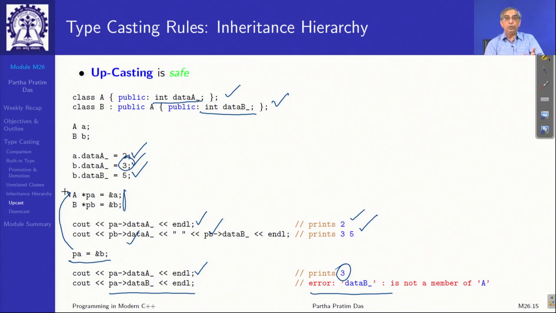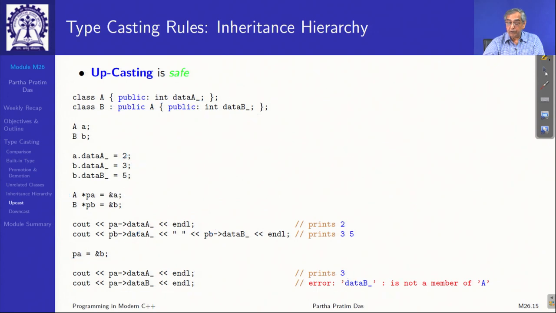It does not know of a data member data B. It is actually there, because the address is of a B type object, but I will not be able to access that in this way because the compiler will not know this.